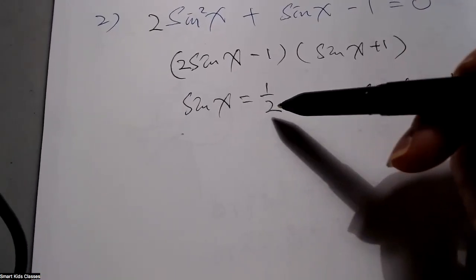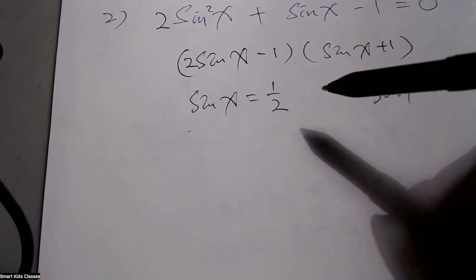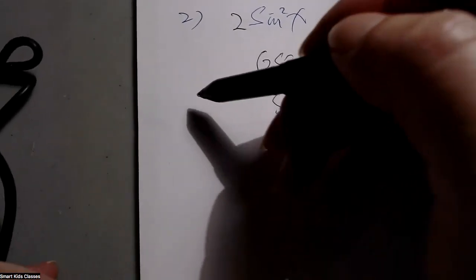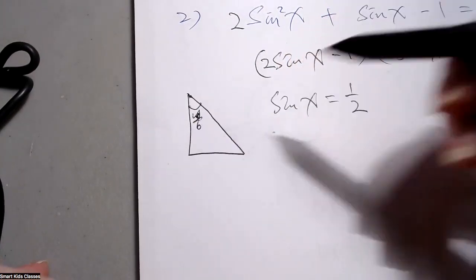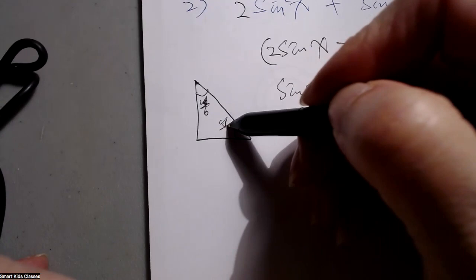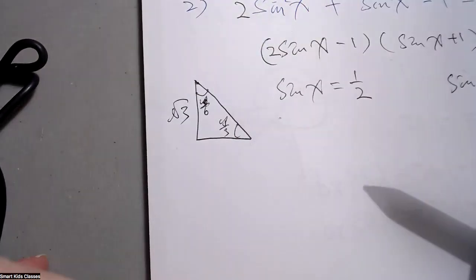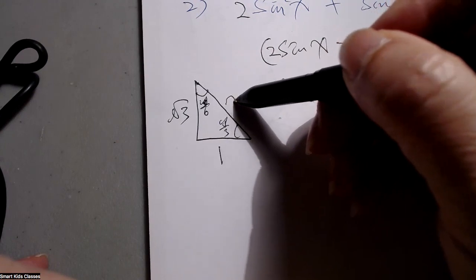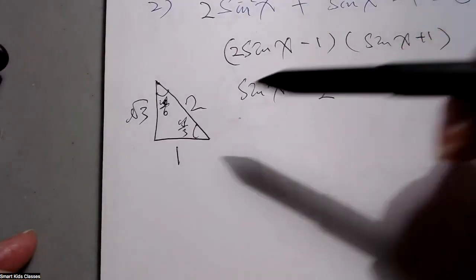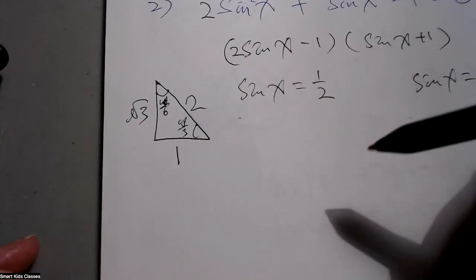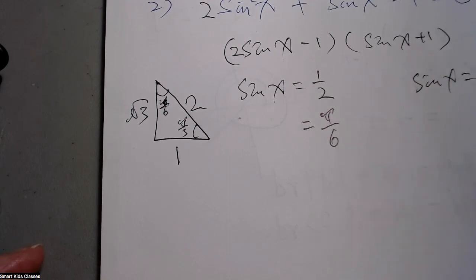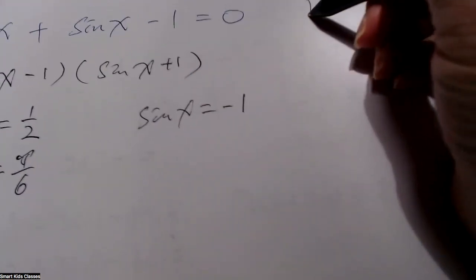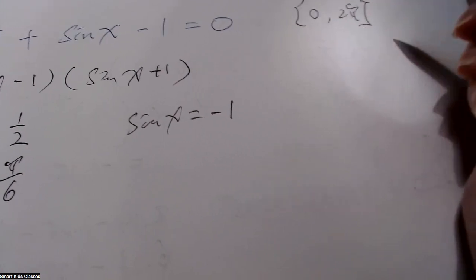So sine x equal 1/2. We're going to take the inverse, or you draw a special triangle here. Now, if this is pi over 6, and this is pi over 3, the ratio is √3, 1 and 2. So sine 1/2 will be pi over 6. So we're going to get the angle is pi over 6. Now, we are going to find the angles in the interval 0 to 2 pi.